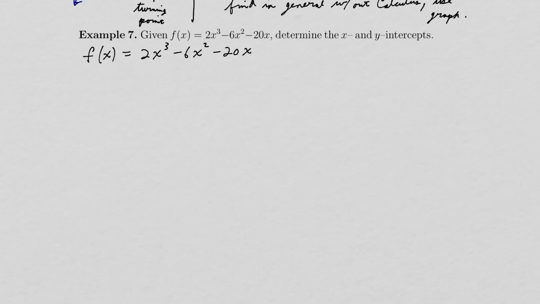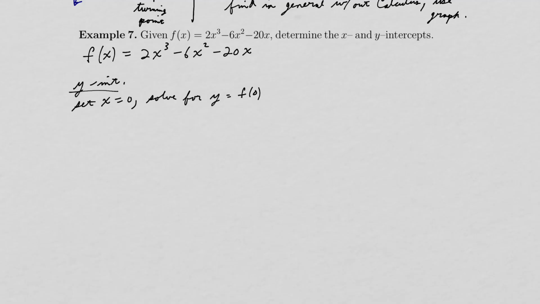Let's do the y-intercept first. To find the y-intercept, I set x equal to 0 and solve for y, which again is going to be f of 0 in this case.